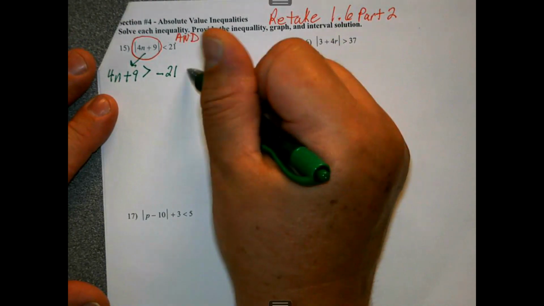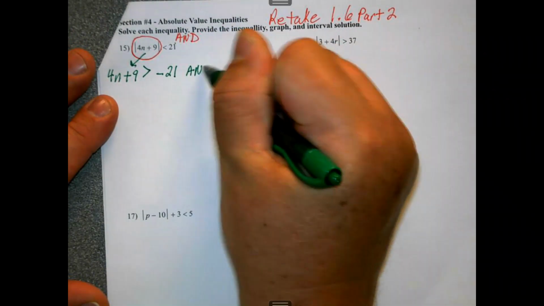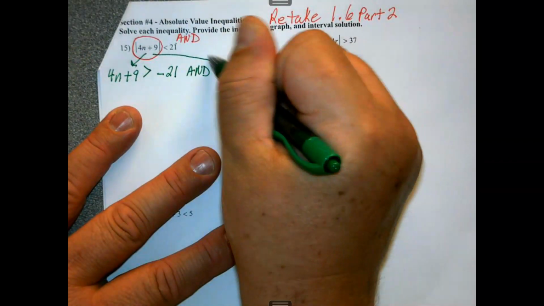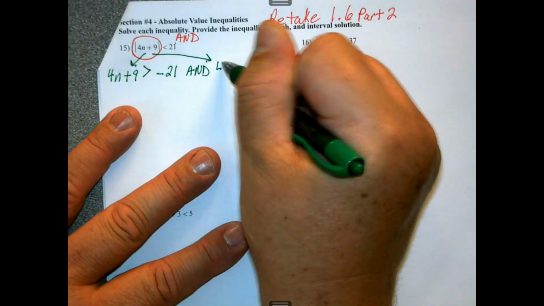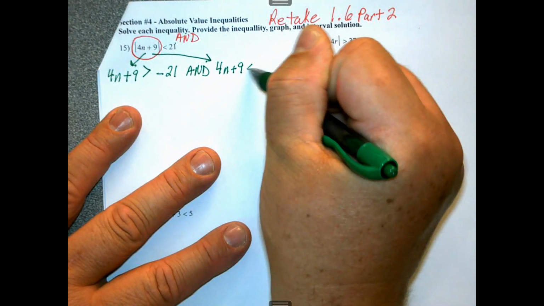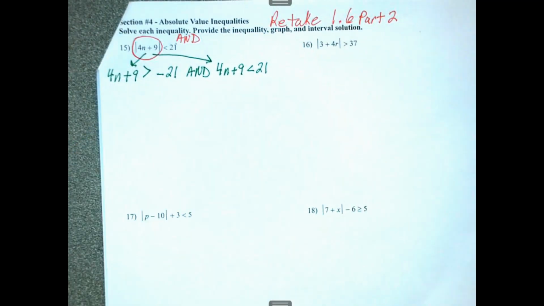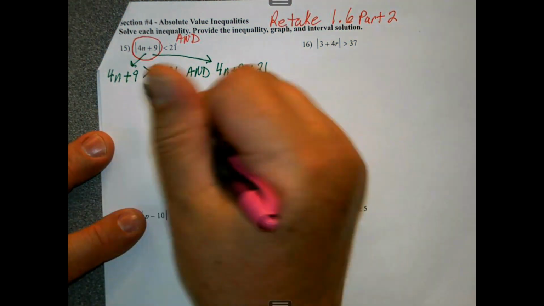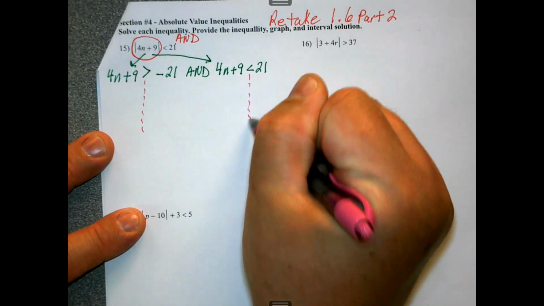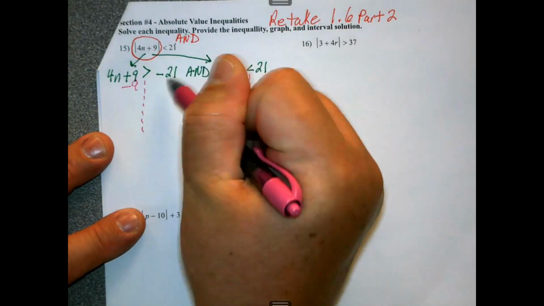It's an and statement, so I'm going to take what's inside, 4n plus 9 is less than 21. Solve each one of those. Subtract 9, subtract 9.